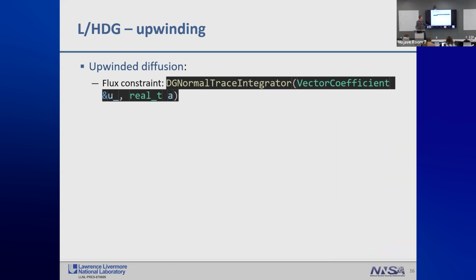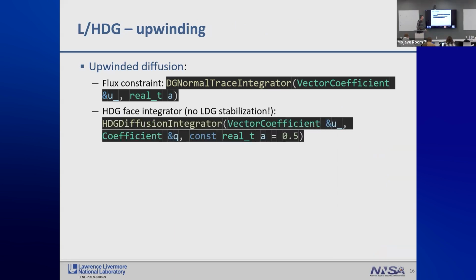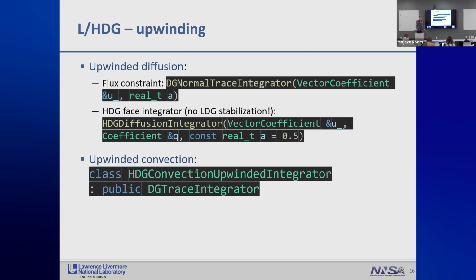You might use it where you specify the velocity field, or it's also another constructor for that HDG diffusion integrator. For convection, it's then the HDG convection upwinded integrator, which is derived from the classical DG trace integrator, but now it works also for hybridization.